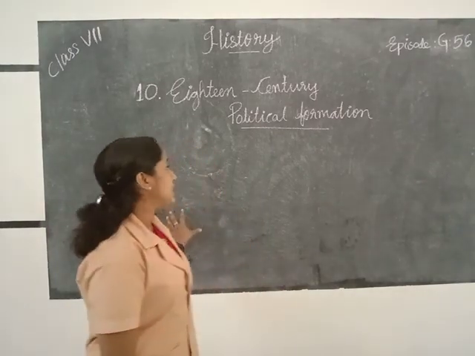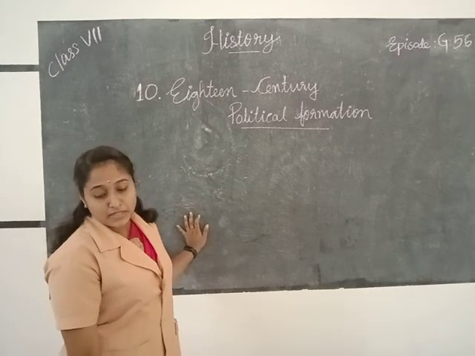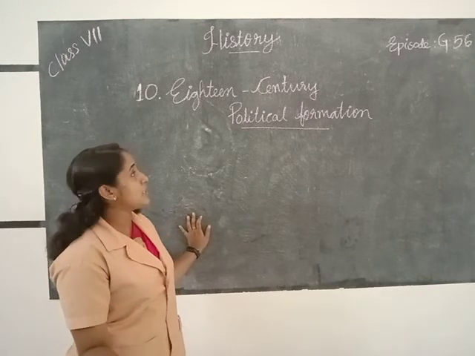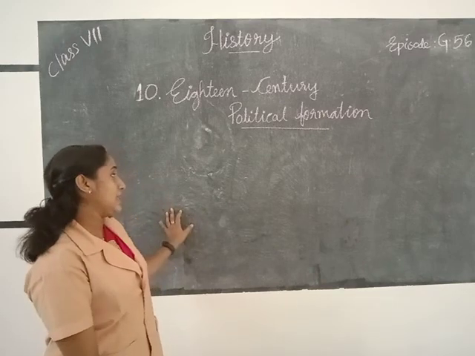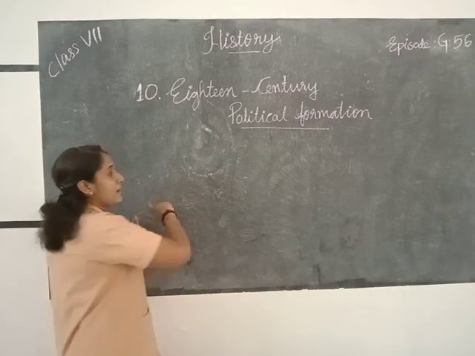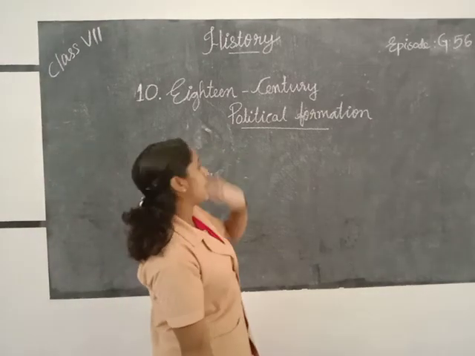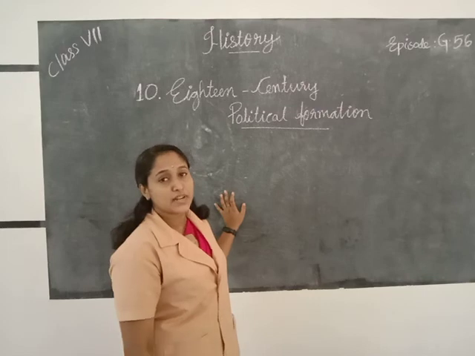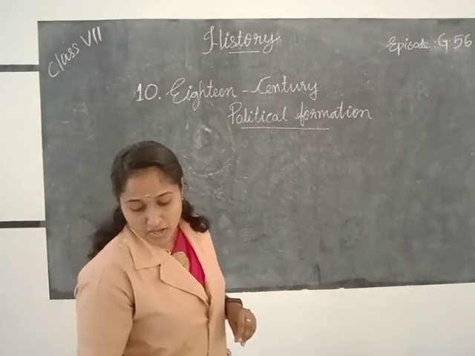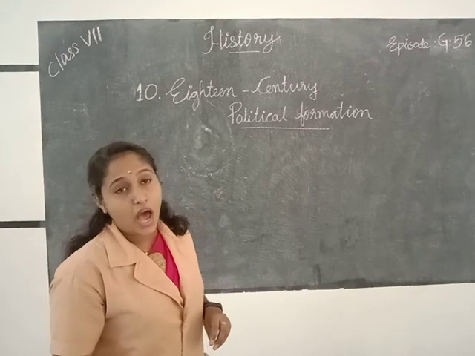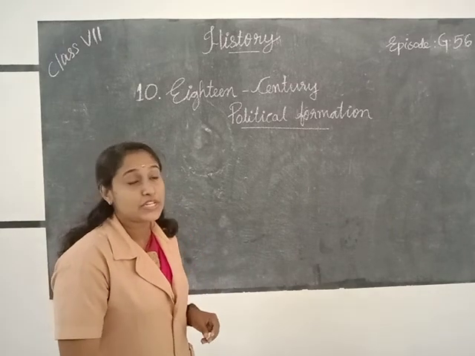Right, 138 is showing one map, and that map particularly shows the difference between the past Mughal empire boundaries and those at the start of the 18th century. What was the difference? Look at your map, look at your textbook. That shows how the boundaries of the Mughal empire were reshaped.